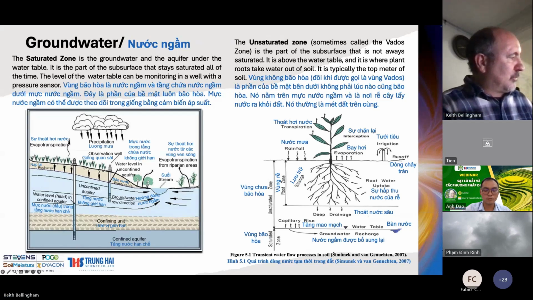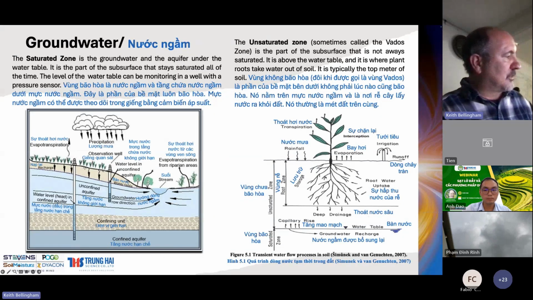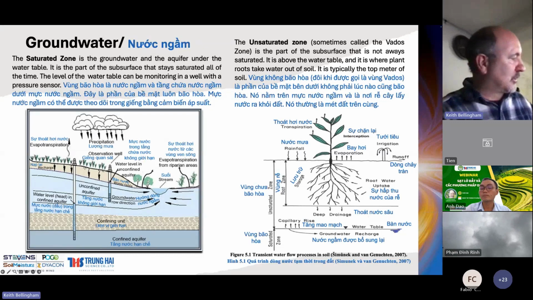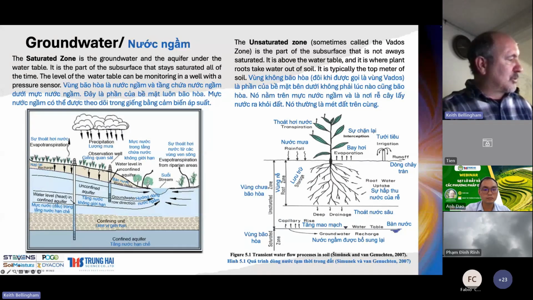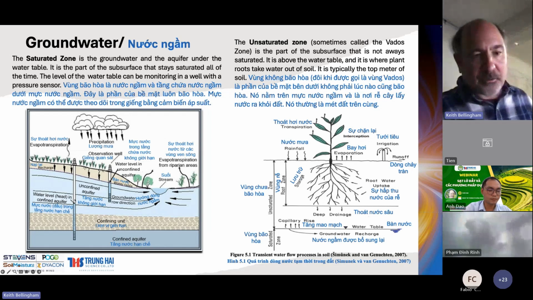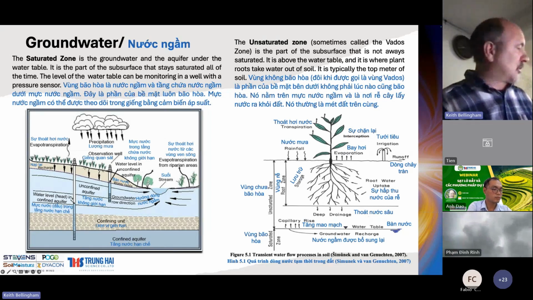It's the part of the subsurface that receives the rainfall, and it's influenced by evapotranspiration. This is where we would install the soil moisture sensors. If there's a monitoring well going down to the aquifer, then the aquifer could be monitored with a pressure transducer.